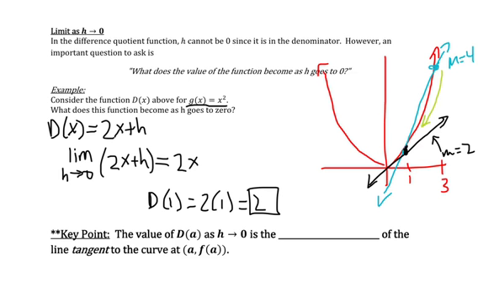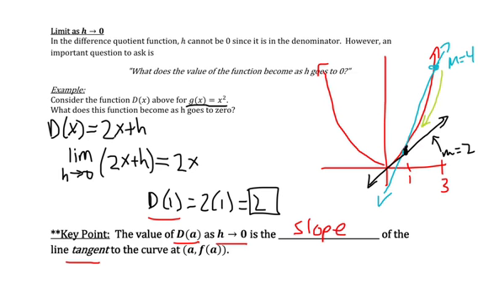And the key here is that the value of d of a, like we had d of 1 here, so in general, if it's d of a, the value of d of a as h goes to 0 is the slope, still slope, of the line tangent to the curve at a, f of a.